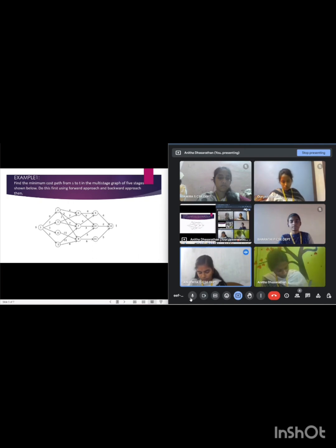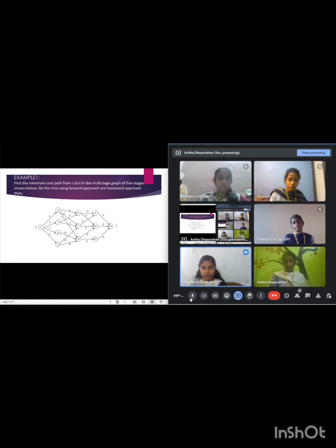And we go for 10, its cost is 14 plus the path value 2. Summing up, we get 16. And for vertex 11, its cost is 16 plus the path length is 5. And summing up, we get 21. Among these 3 values, we get 16 as the lowest value. So that's going to be the cost of vertex 12. And that lowest value we get from the vertex number 10.